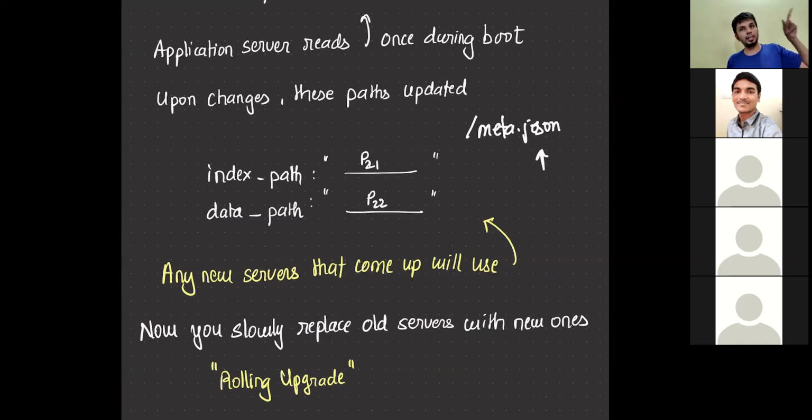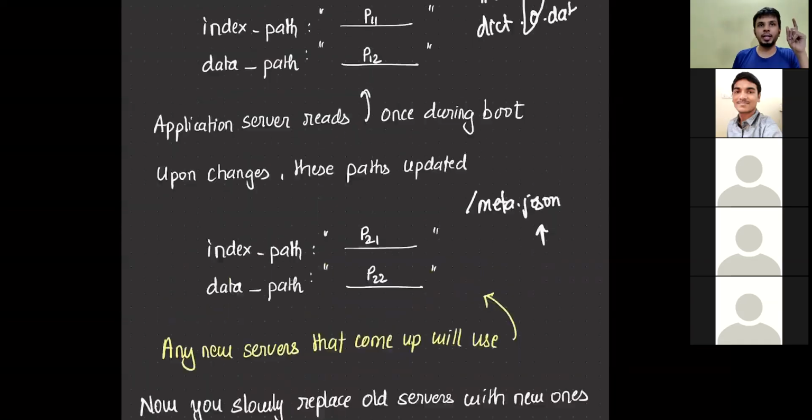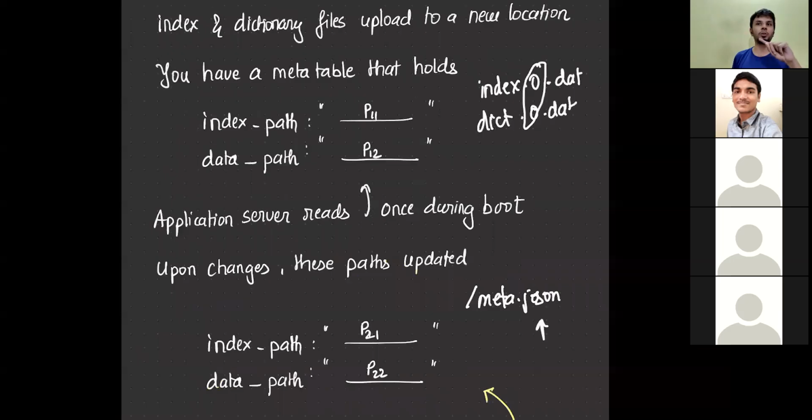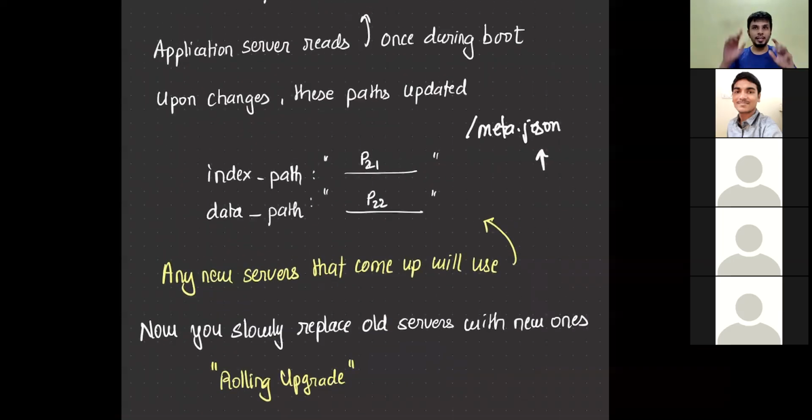The old servers will still continue to serve data from P11 and P12, which means I'm not serving any garbage value to the user. My user would have no impact whatsoever. They might get stale data, but they would never get wrong data. So this is very important. I'm just trying to slowly transition it into a seamless process.